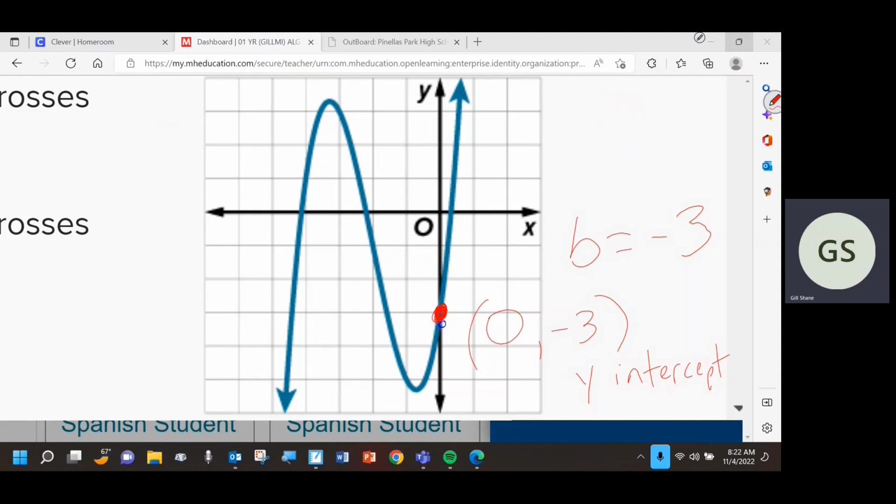For the x-intercept, what do you think we do for the x-intercept? So what was the y-intercept? Daniel, what was the y-intercept? How do we describe what we're looking for in the y-intercept?